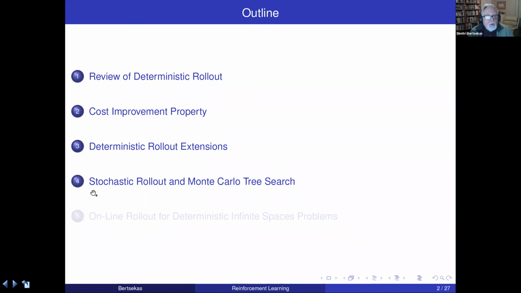Then we're going to pass on to stochastic rollout and the technique of Monte Carlo research. And finally, we're going to discuss rollout for infinite spaces problems, infinite control spaces, as a prelude to our discussion on model predictive control, which is going to be in the next lecture.